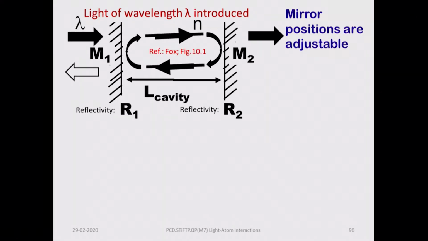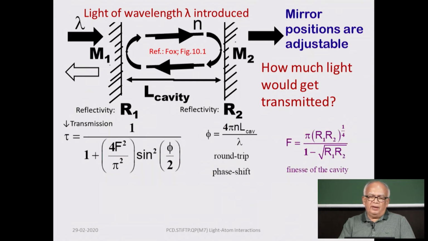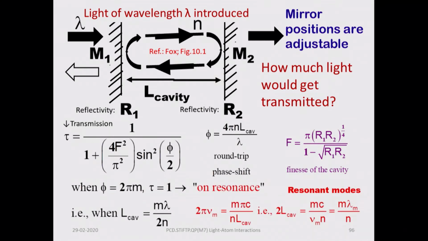The mirror positions are adjustable, they can be very finely tuned, and you can get this transmission which you can determine, and in resonant modes you can find the corresponding amount of transmission which is possible depending on the reflectivity of the two mirrors R1 and R2, okay.